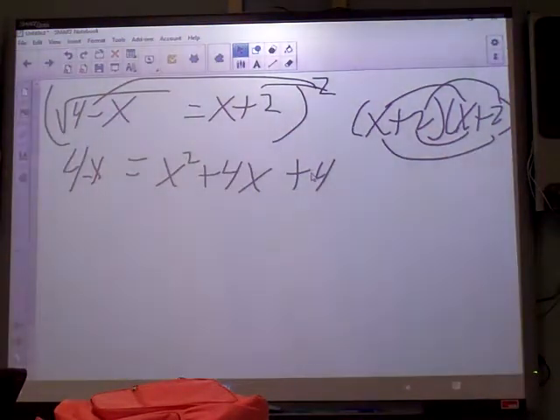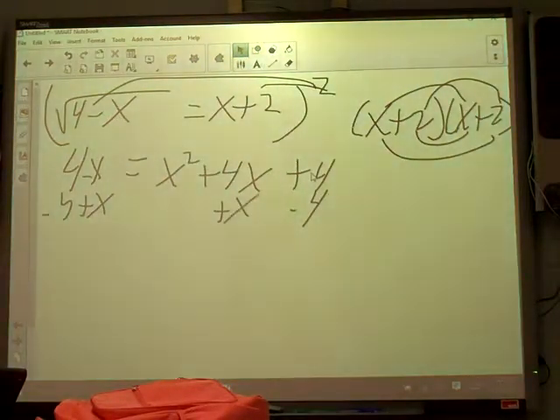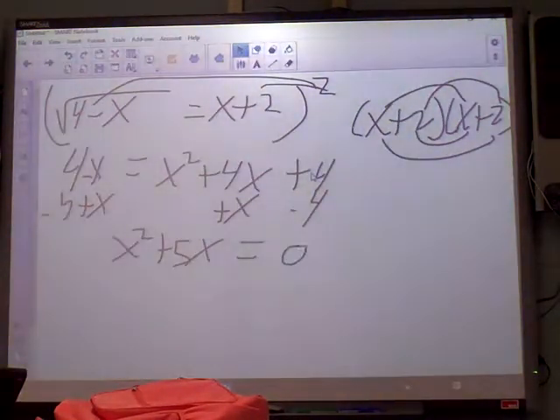All right, when we solve quadratics, we set them equal to 0. So I got to move that 4 and that negative x over. So I'm going to subtract the 4 from itself and its buddy on the other side. I'm going to add the x to itself and its buddy on the other side. So it's going to give me x squared plus 5x equals zilch, right? Because 4 and negative 4 goes away.